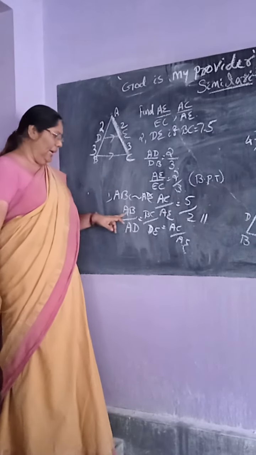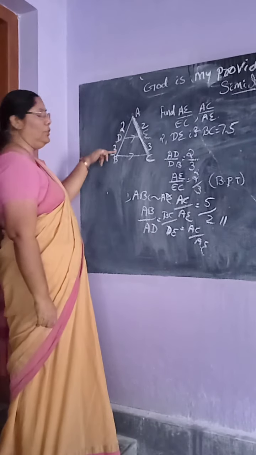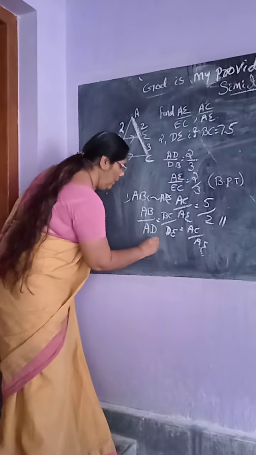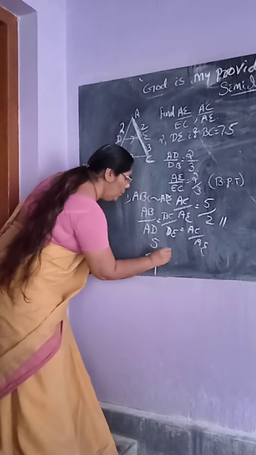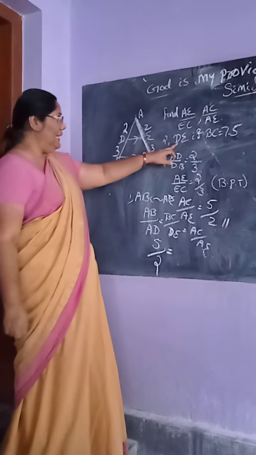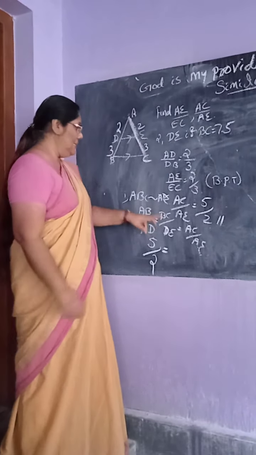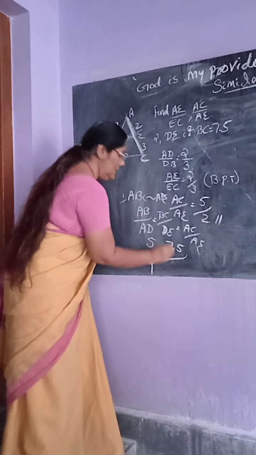Is AB given? Look at the question. AB means the total length of the side. That is 2 plus 3, 5, by AD. What is AD given? That is equal to 2. Equal to, next we need the BC and DE sides. BC is given 7.5, by DE, which is our question.